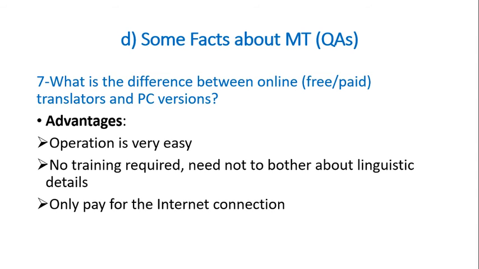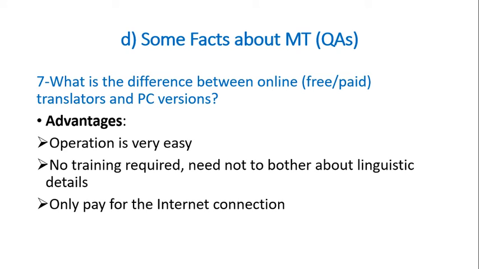The advantage of this kind of operation is that it is very easy. Just copy and paste and get the translation. Copy the translation and paste in your document. Finished. And no training is required, of course. The only thing is that you know how to use your internet, how to open Google Translate, how to copy and paste, and how to then copy and paste back into your document.